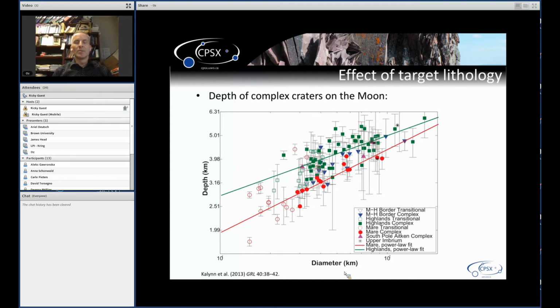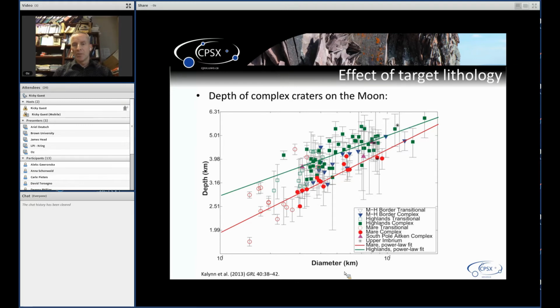This was a relook at depth-diameter relationships by Jessica Kalin and colleagues from 2013. This was basically revisiting Pike's work from the 1970s using, of course, data from the Lunar Reconnaissance Orbiter.